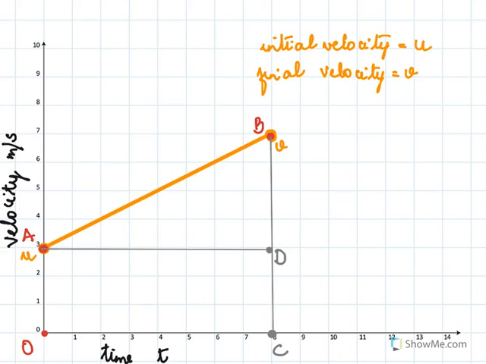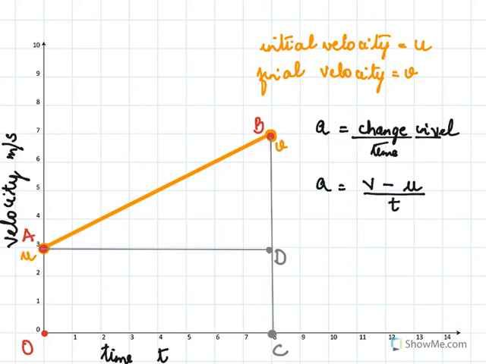From the definition of acceleration, we know acceleration is change in velocity over time. So acceleration will be change in velocity, which is final velocity minus initial velocity, over time. Now what does V represent? Look up at V. This is our V here, which is BC.